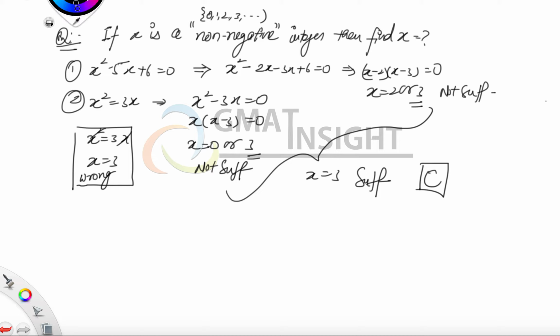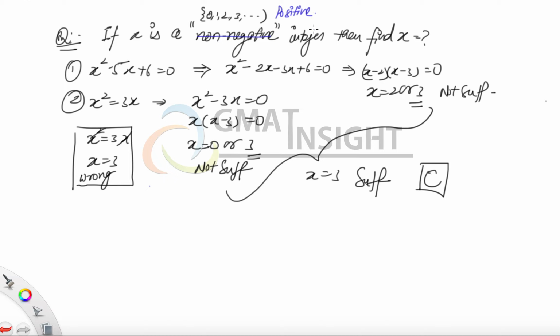However, I would like to state one more change here. Suppose instead of non-negative, if we had a term here like positive, then what impact would it make on the answer?